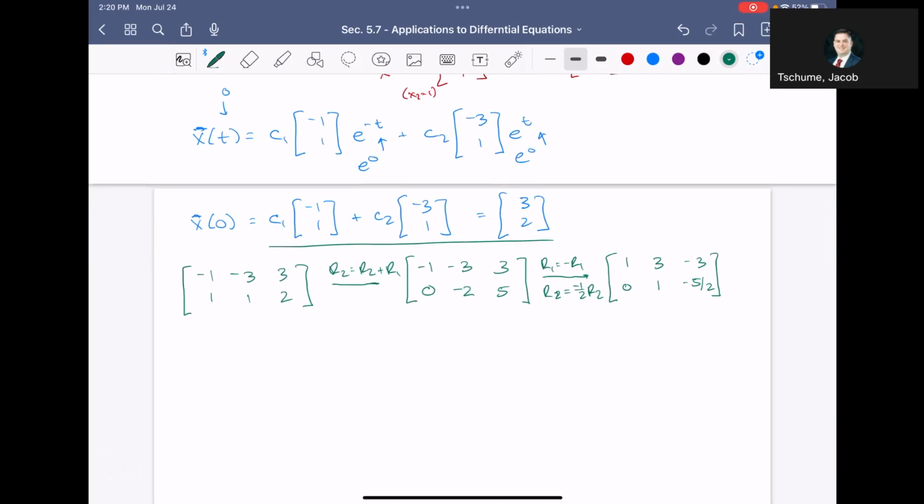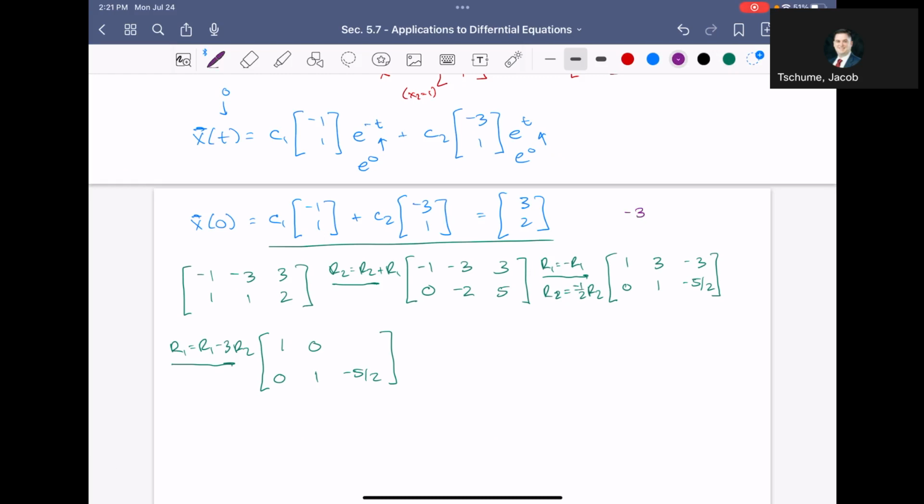So I need to get rid of that 3. So I'm going to take row 1 and subtract 3 row 2's. So 0, 1, negative 5/2 on the bottom. It'll be 1, 0. And then you're going to have a little scratch work here for me because I don't have a calculator in front of me.